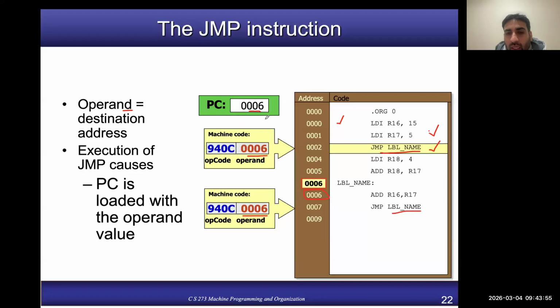Okay. And one more thing, if you notice here, the first instruction is at address 0, second is at address 1, third is at address 2, and after 2 the next one is not at address 3, the next one is at address 4. Why? Because the jump instruction takes 2 bytes. But is it supposed to take 2 bytes?